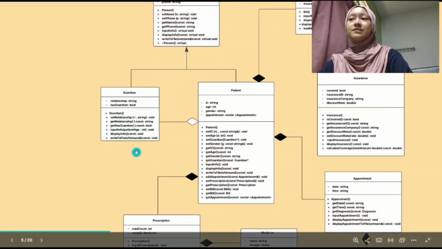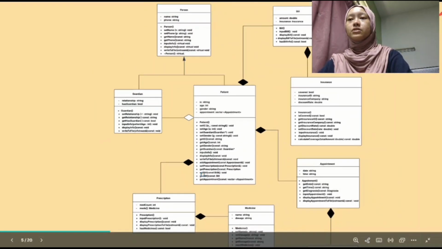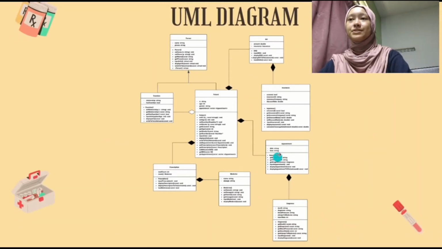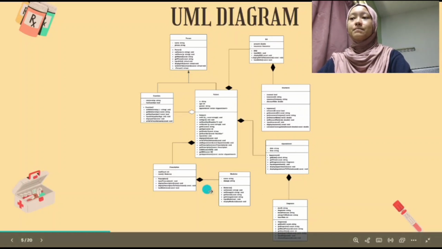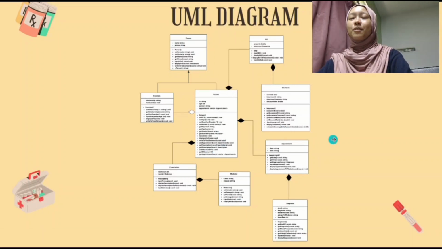The patient cannot exist without the guardian. For the composition, we have 6 compositions, which are the relationships between bill and insurance, patient and bill, patient and appointment, appointment and diagnosis, prescription and medicine, and patient and prescription. For the composition, they cannot exist independently without each other.